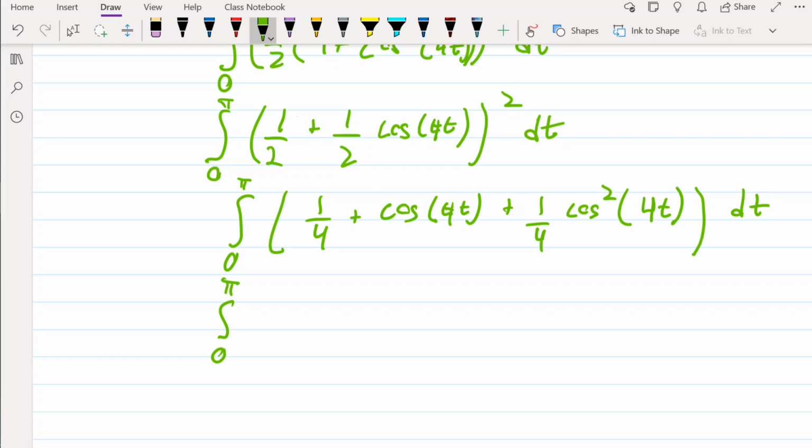So that'll be 2. Well, no, it's going to be 2/2, because, oh wait, no, I forgot about this half right here. So 1/2, that's 1/4. So this should be 1/2. Okay, that makes sense. That would be where I'm messing up. Because then if you pull a fourth out of everything, this gets doubled.